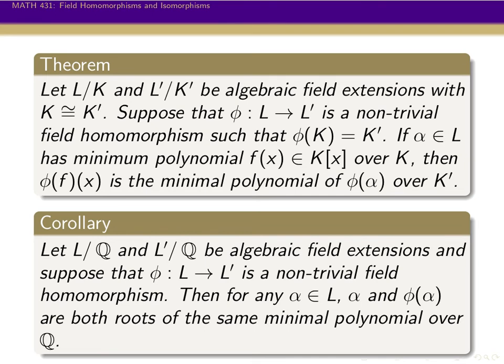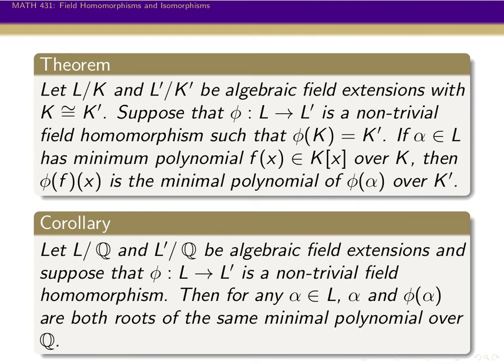If L is algebraic over Q, and L prime is also algebraic over Q, and you have a homomorphism phi from L to L prime, then for any alpha in L, alpha and phi of alpha, whatever it's sent to, are both going to be roots of the same minimal polynomial over Q.